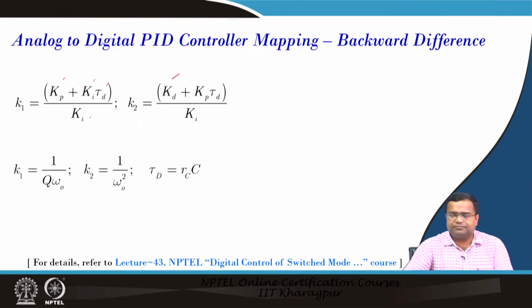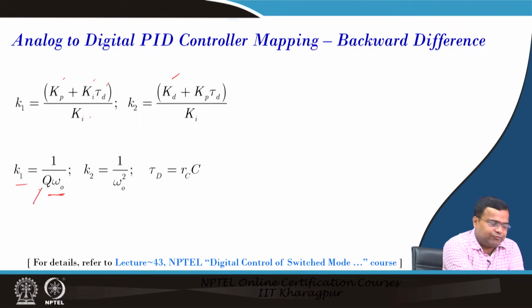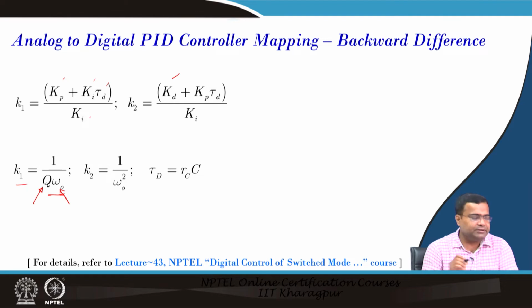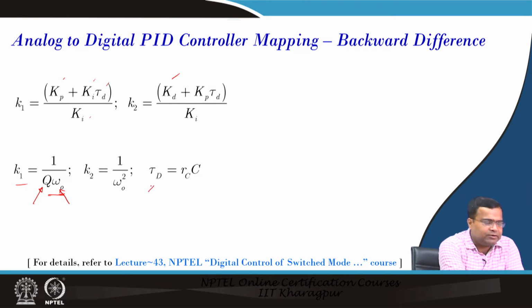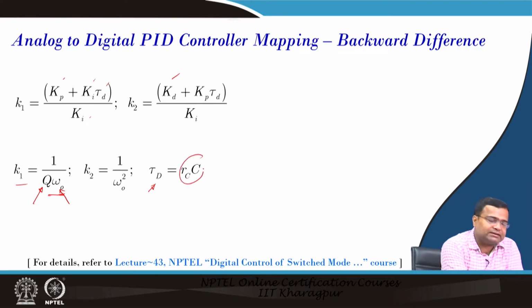In the pole zero cancellation method in the voltage mode control design, which we discussed in lecture number 43, K1 will be 1 by Q omega 0, where Q is the Q factor and omega 0 is the undamped natural frequency, and tau d, the derivative filter time constant, we can simply take to be the time constant due to the ESR of the capacitor, that is Rc into C.